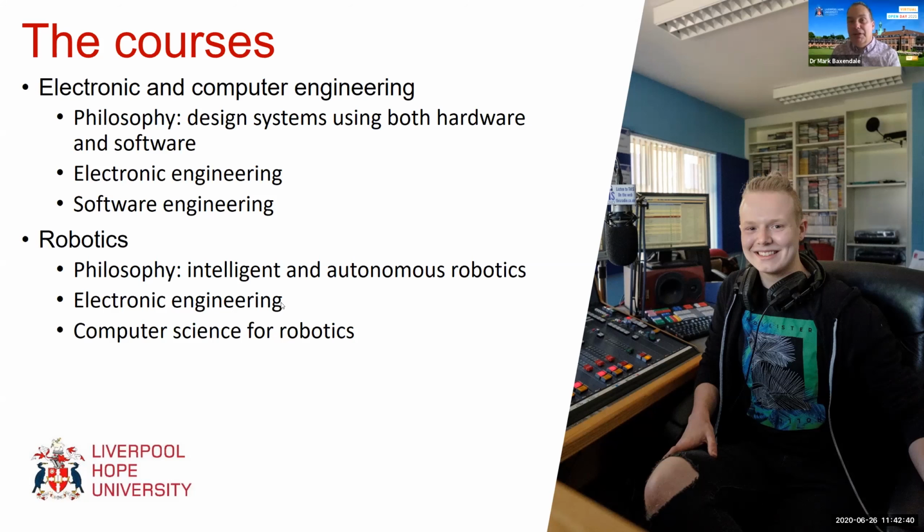Again, electronic engineering. Now, robotics is very interdisciplinary, but we've distilled it down to three key areas. One is machine learning, artificial intelligence. So that's the intelligence of a robot and how it can become autonomous. There's a hardware side of things. Electronic engineering is a key aspect of robotics, as well as computer science.